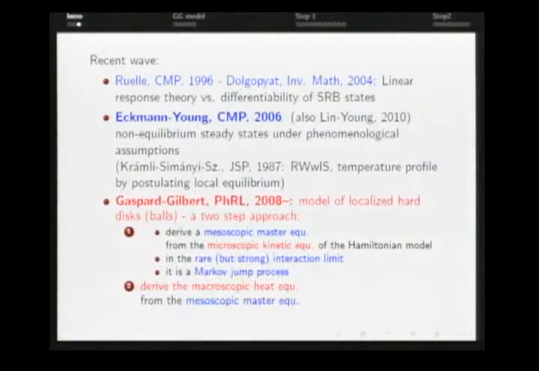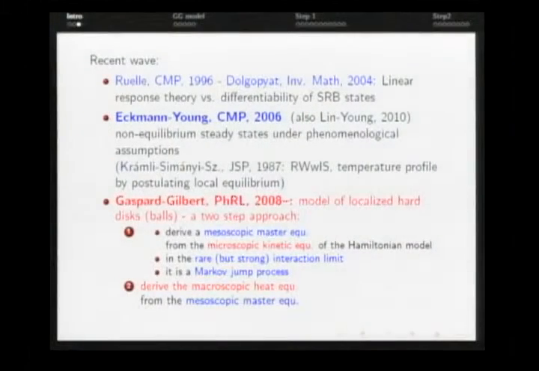The first step, you start from the full kinetic description, the Hamiltonian description of an N-chain. At first, you derive from the microscopic kinetic equation a mesoscopic, so-called master equation, because in the microscopic description, all the positions of the particles and velocities come into the equation.